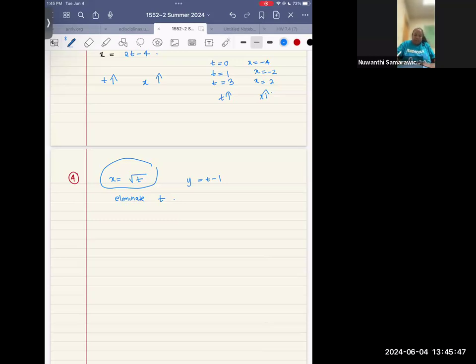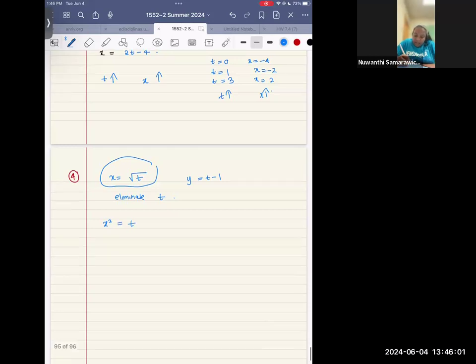let's draw the graph first and then talk about the restriction. So first eliminate t. We can eliminate it using x = t squared, so t is equal to x squared, and just substitute so that we will get y is equal to x squared minus 1.